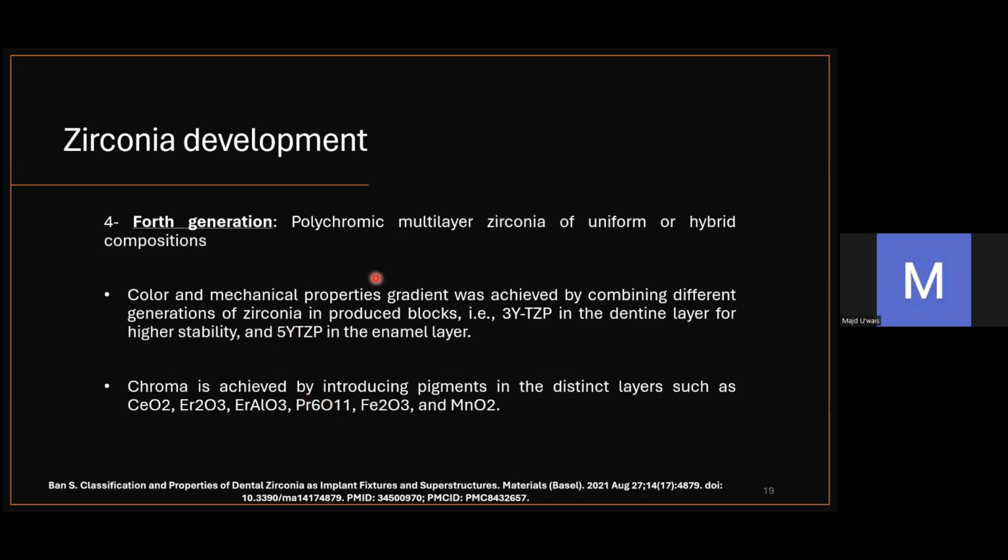The fourth generation, which is the polychromatic multi-layer zirconia of uniform or hybrid composition, is the last generation. They improved the zirconia to mimic the shade gradient of natural human teeth, where the incisal area is the most translucent and the gingival area is the most chromatic and opaque.